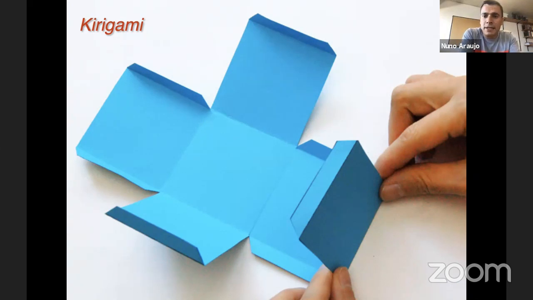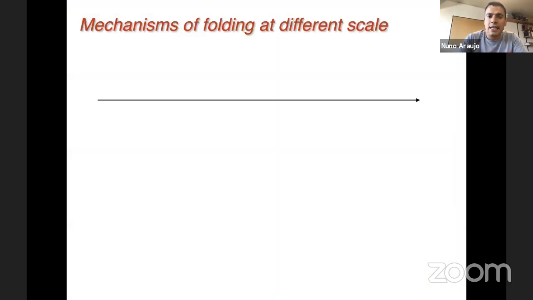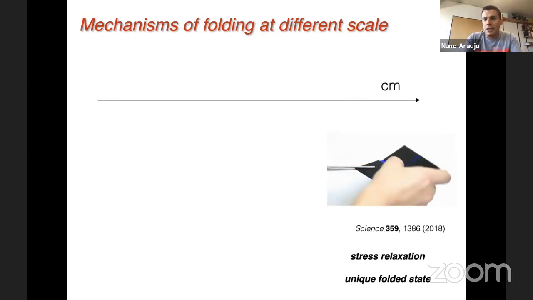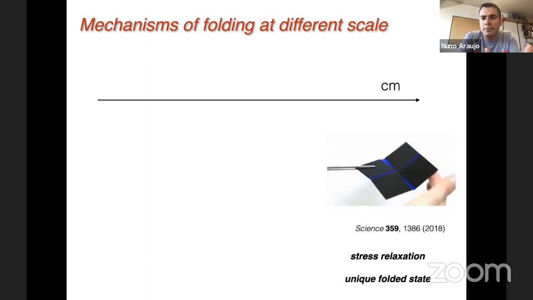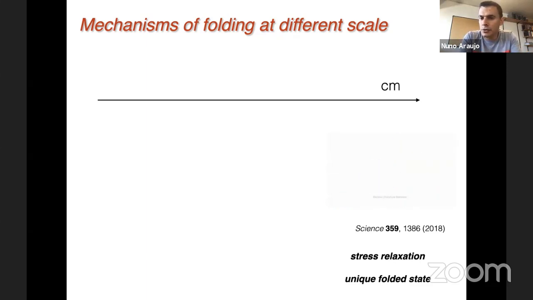But as I said in the beginning, we are interested in understanding how to obtain these structures spontaneously from the self-folding of the two-dimensional template. And as I said, it depends on the length scale that you are looking at. For example, at the macro scale, when the size of the panels is of the order of the centimeter, the interaction between the different panels is mainly an excluded volume interaction.